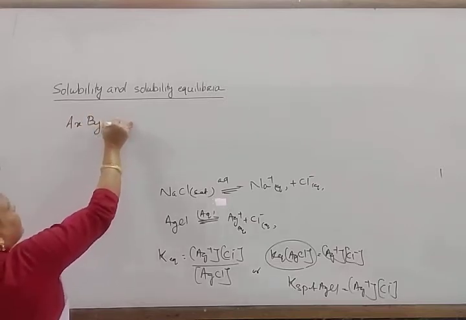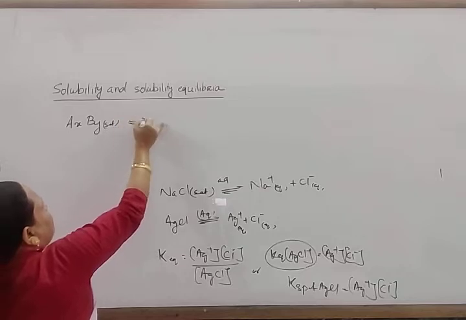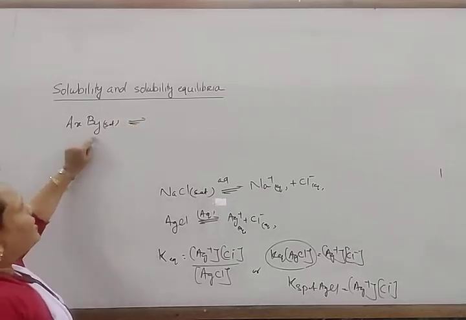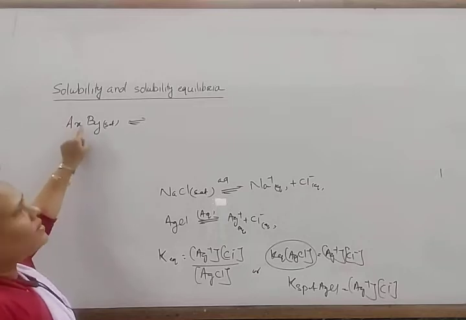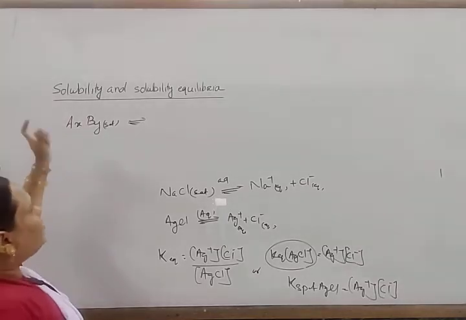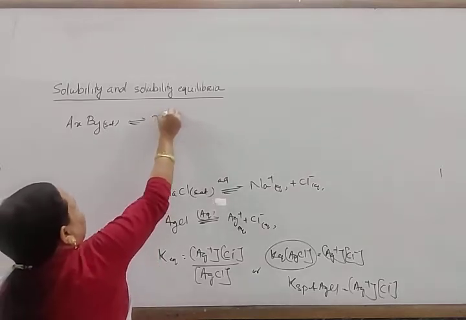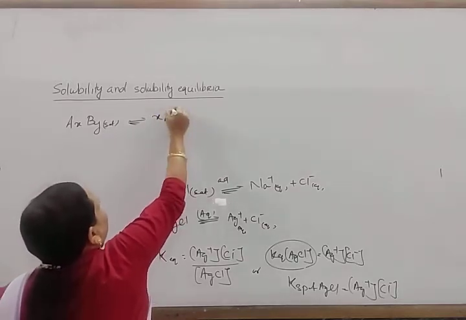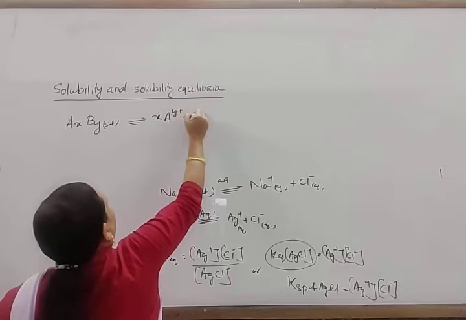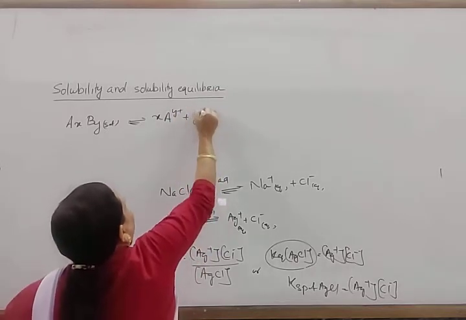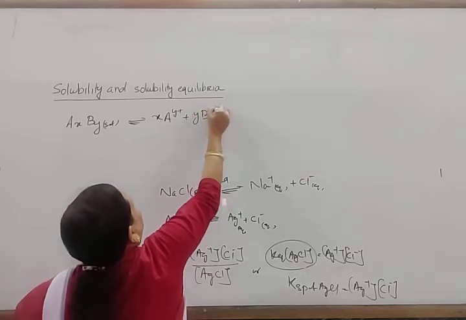In saturated condition, it is in equilibrium with its ions. Here y is the valency of A and x is the valency of B. When it dissociates, it gives x number of A to the y plus and y number of B to the x minus.